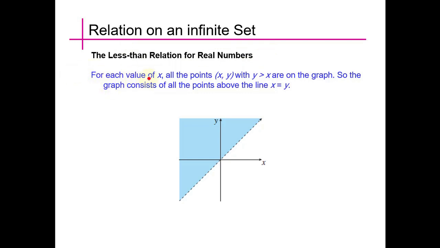For each value of x, all the points x, y with y greater than x are on the graph. So the graph consists of all the points above the line x equals y. We have drawn this line x equals y. In the shaded area, all the ordered pairs have y greater than x.